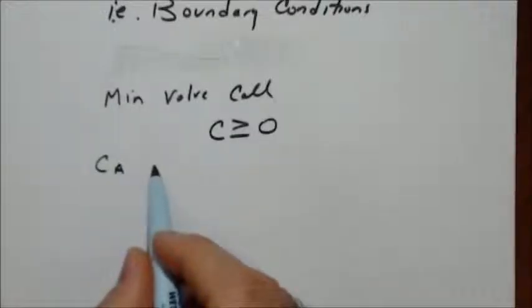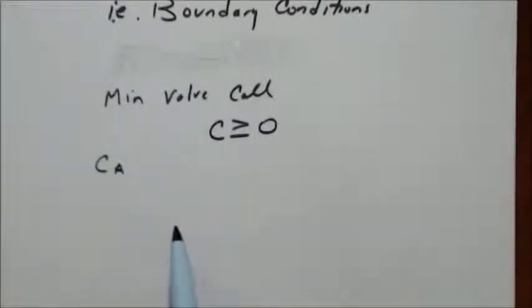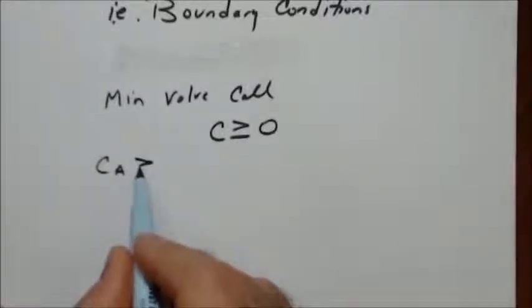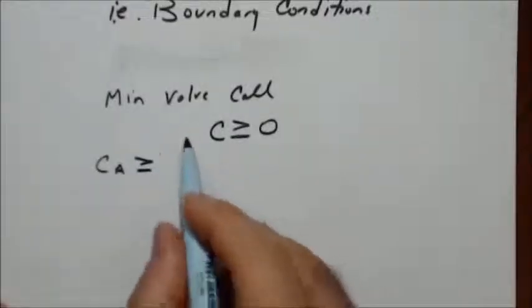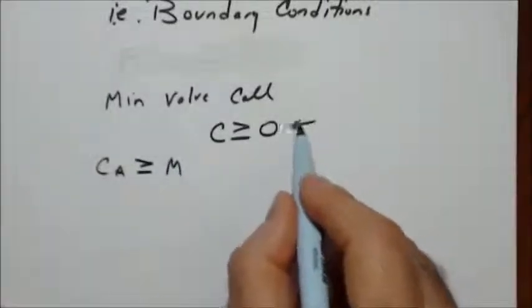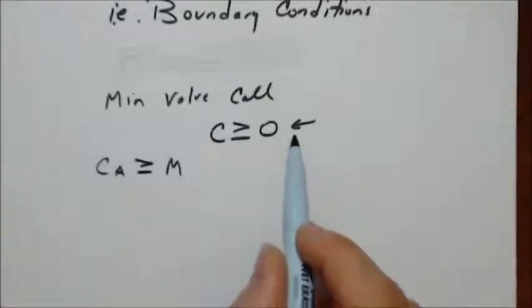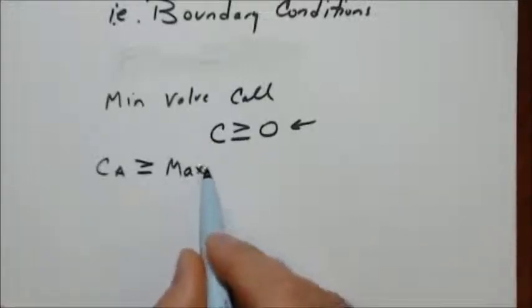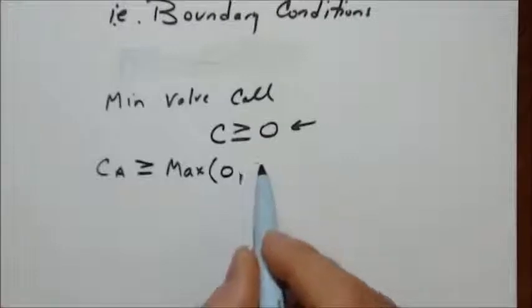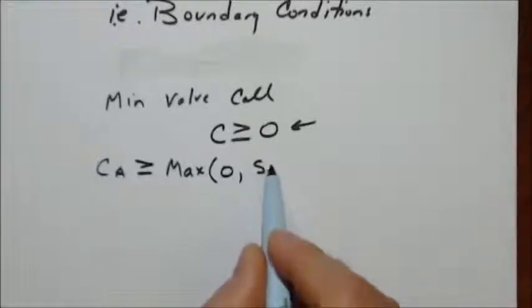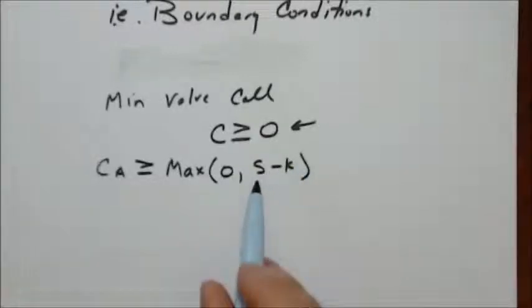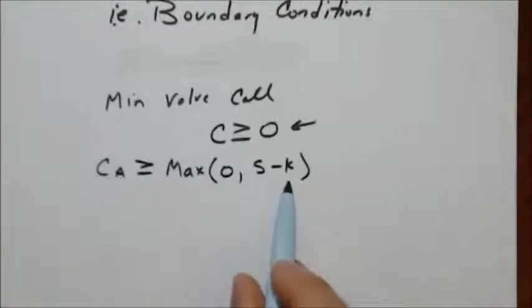So the minimum value of an American option is going to take into consideration this 0 when it's out of the money, and then you have to consider the fact that it could be in the money, and when it's in the money, the payoff from the option is going to be S minus K.